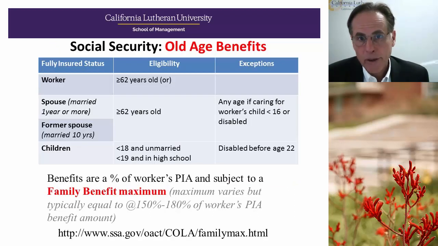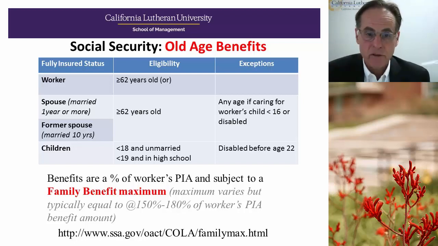This table is a recap of old age benefits. You already discussed this in your prior lectures. Notice the worker will be eligible and his or her family, including the spouse, married 1 year or more, former spouse who was married 10 years and not remarried, and dependent children or children with disabilities. And more of the details, what age they're able to do that, is shown on this slide.